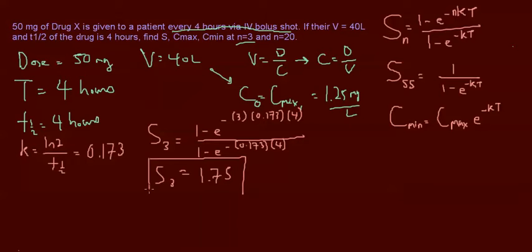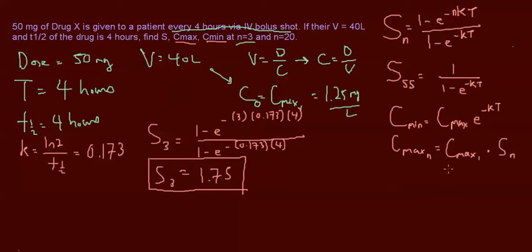So now we have this, right? If we have this, we can find our C max and our C min at n equals 3, because we know our C max 1, which is 1.25. Oh wait, sorry, not this equation. It's actually this equation that I did not write down. So C max n is equal to C max 1 times S n. So boom, there we go.